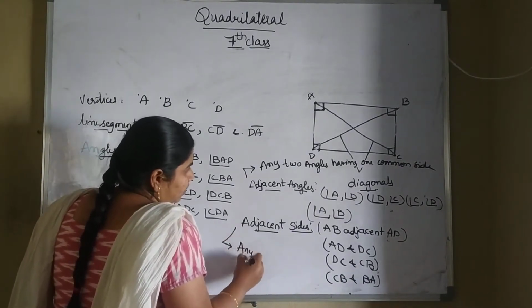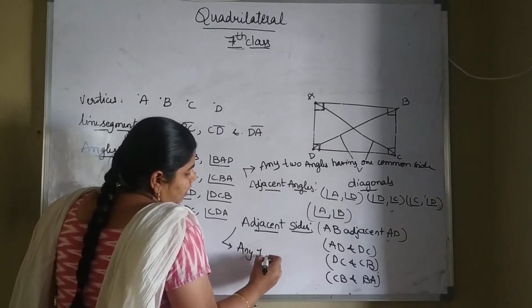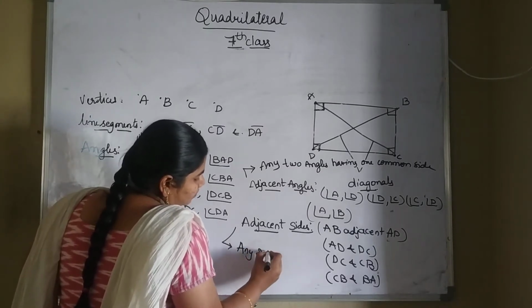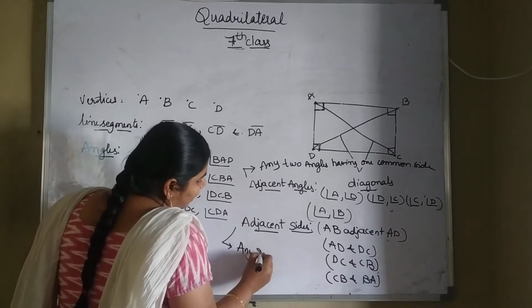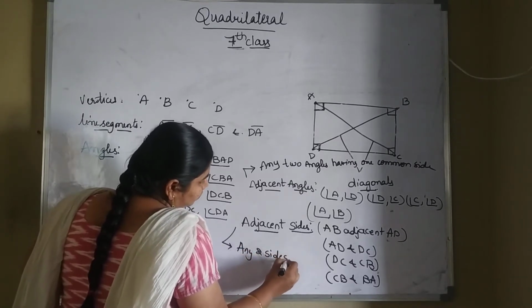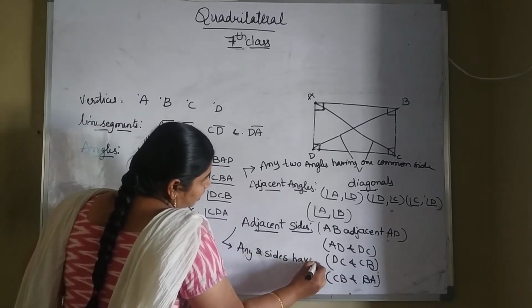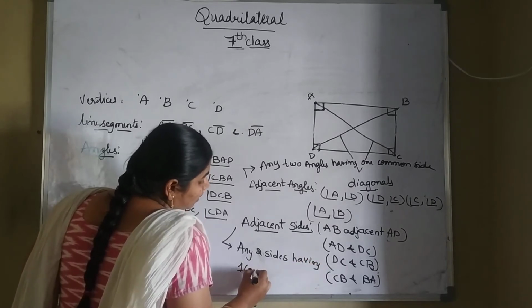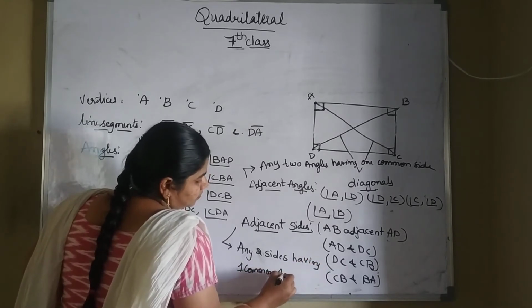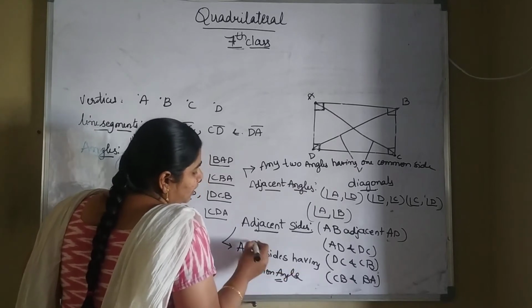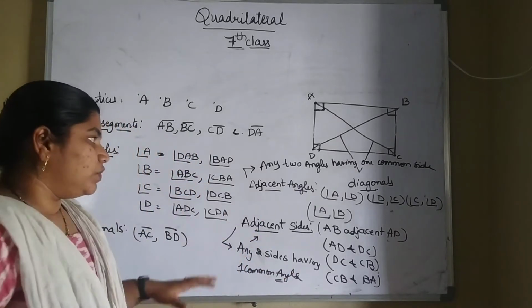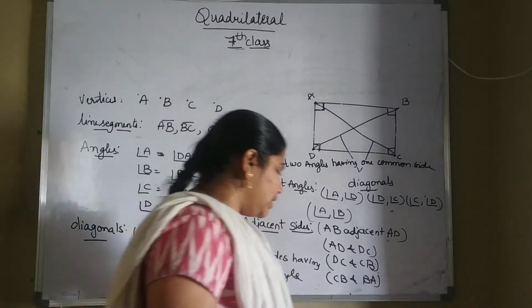Any two sides having one common angle are called adjacent sides. So these are adjacent angles and these are adjacent sides.